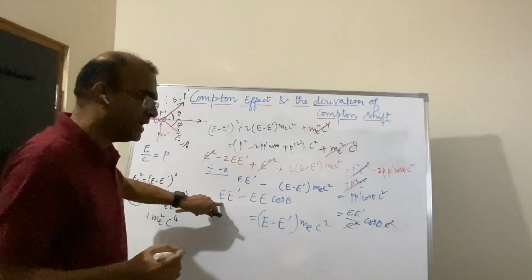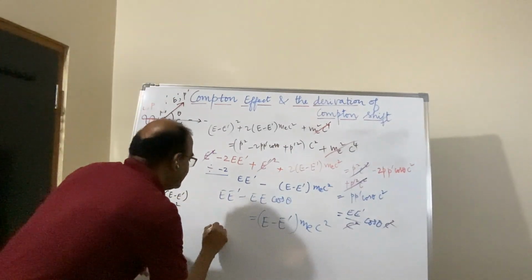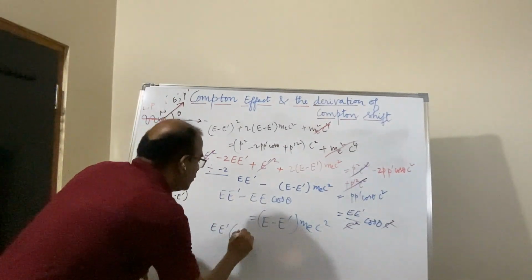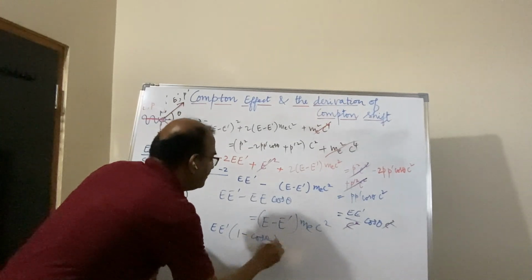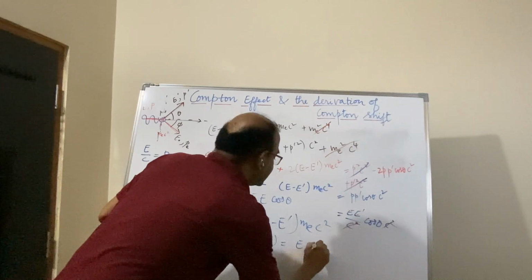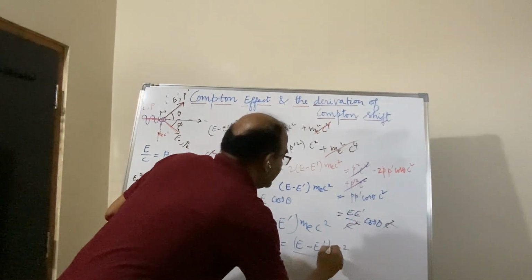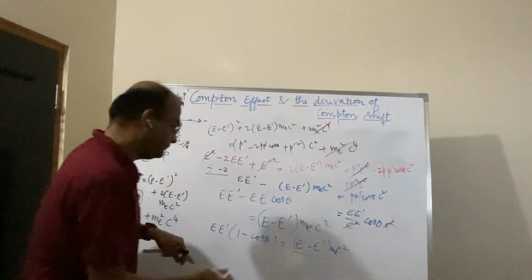Now here we can take the E prime out from this expression. Then we would write 1 minus cos theta. On the right side we have E minus E prime times c squared, of course m_e c squared.